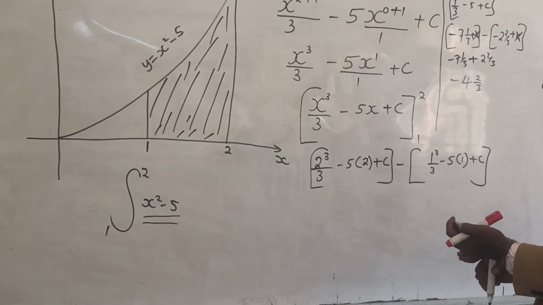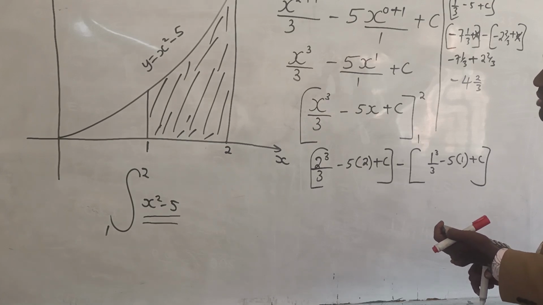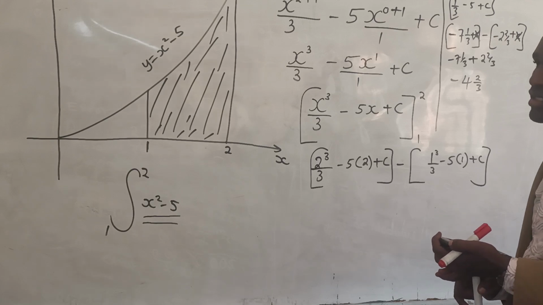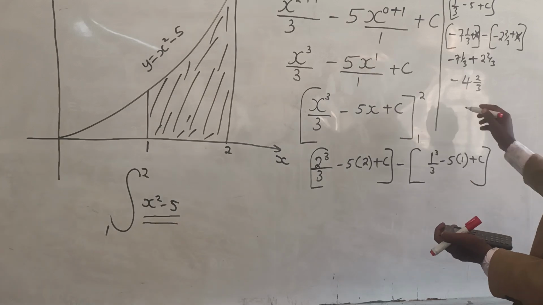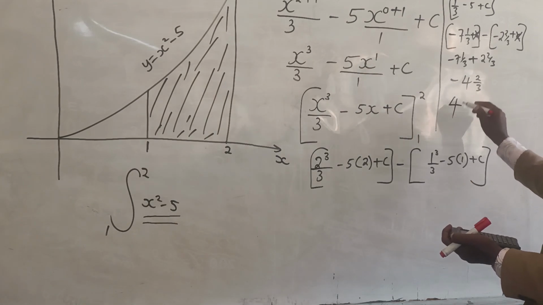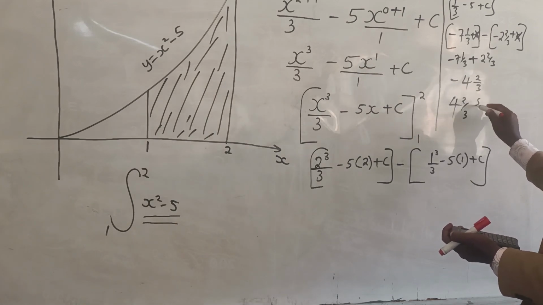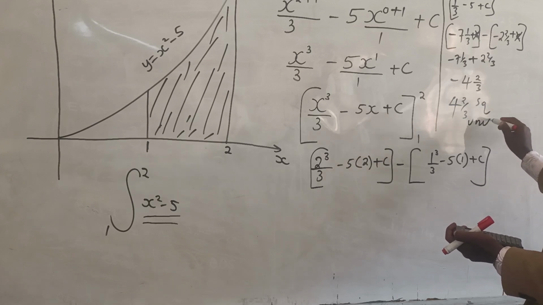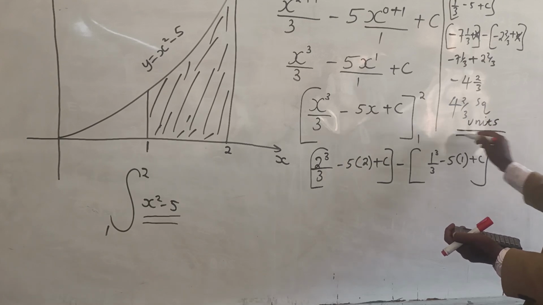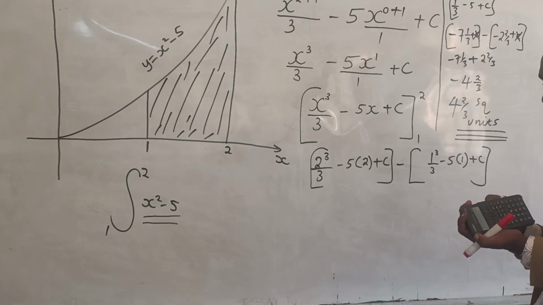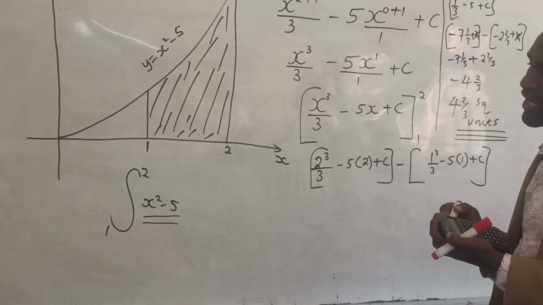In this topic, having gotten some assistance from calculus, you should always tailor down to getting your answer without the negative sign. So you end up having your area as 4 and 2 over 3 square units. That becomes your final answer in terms of the area of the region which has been shaded under that curve.